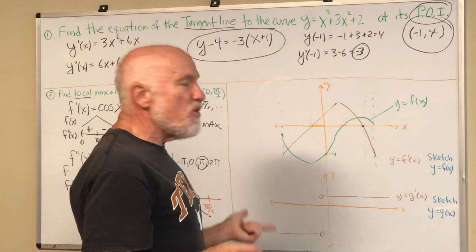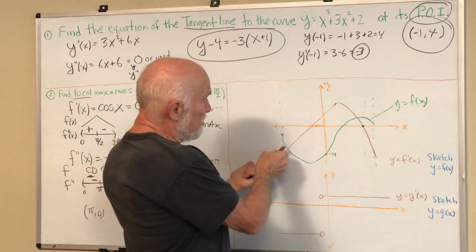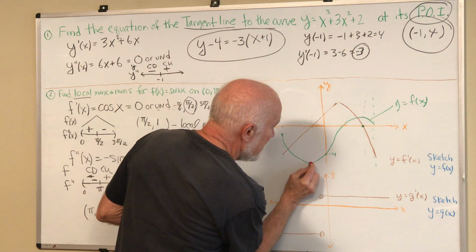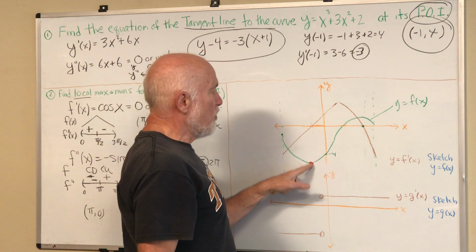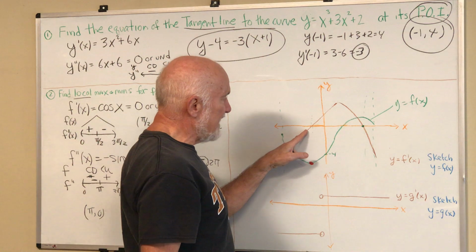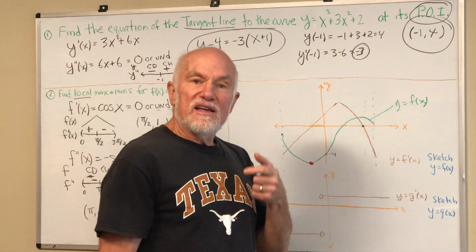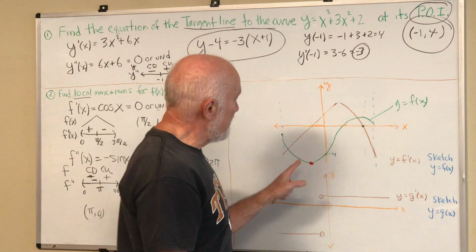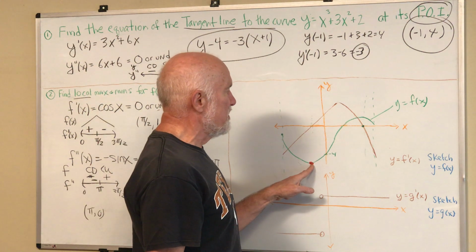Now, there's some really important things we see besides what we've used. Look what we have right here. On the graph, we have a local minimum where the derivative went from negative to positive. That's the first derivative theorem for finding local maxes or mins. Where the derivative goes from negative to positive, we're going to get a local minimum. And sure enough, we do.